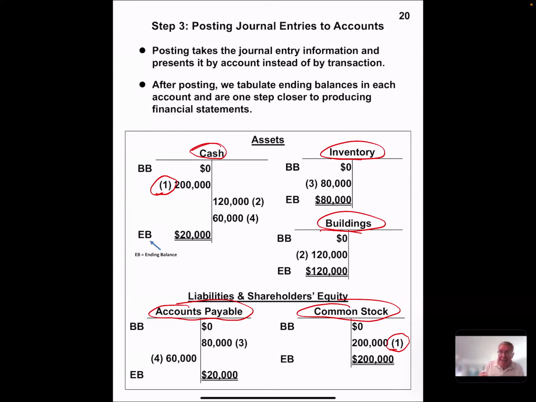We represent that ledger with a T account. So again, here's that T account, right? We can think of drawing, right? And on the left-hand side are the debits, the right-hand side are the credits. Right? So from the first transaction, we knew we had debited cash $200,000. So that would have gone in the debit column on the T account or in the ledger.